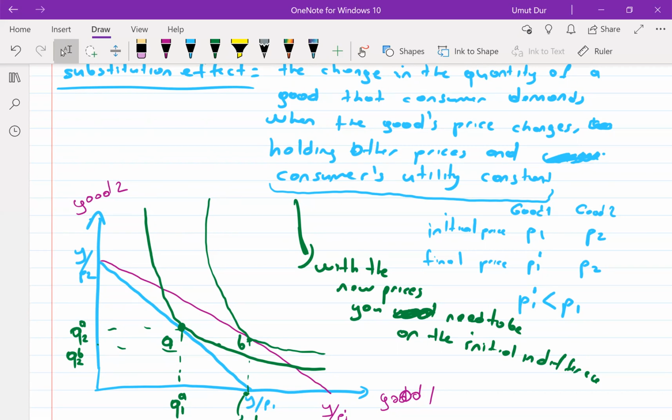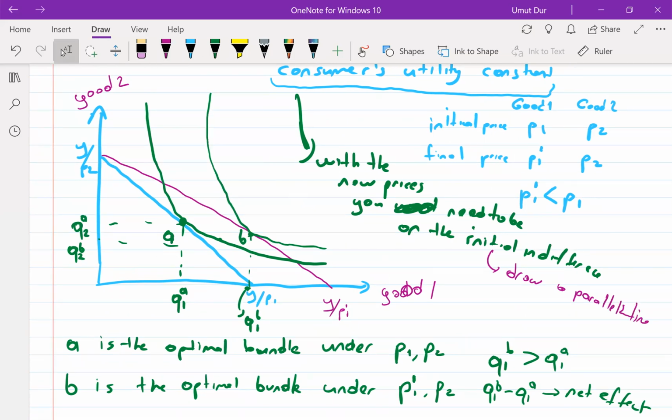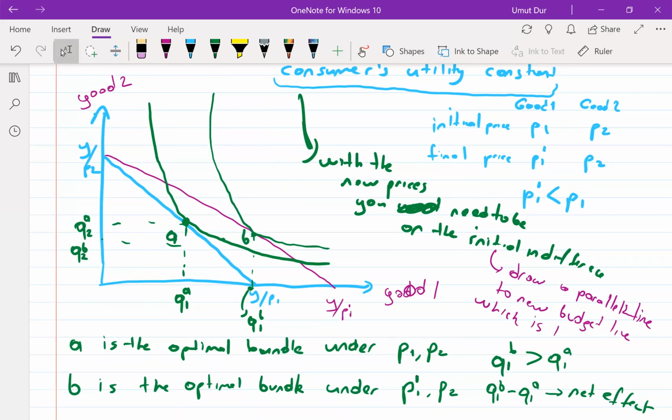Since I am working with the new prices, I need to draw a parallel line to my new budget line, which is tangent to the initial indifference curve.